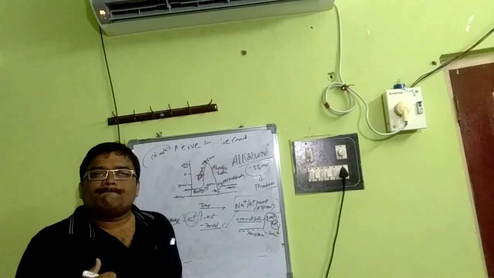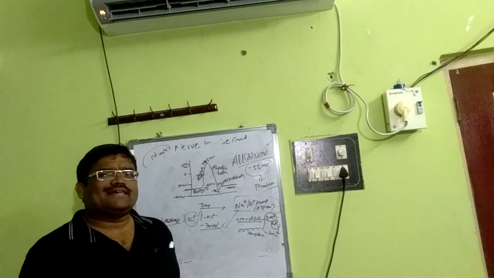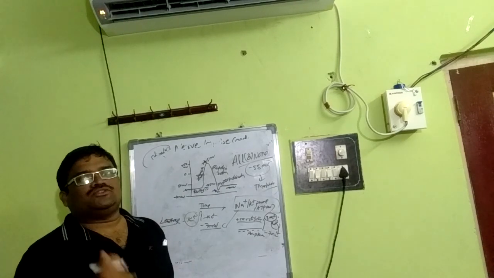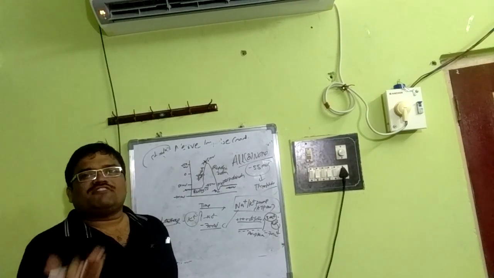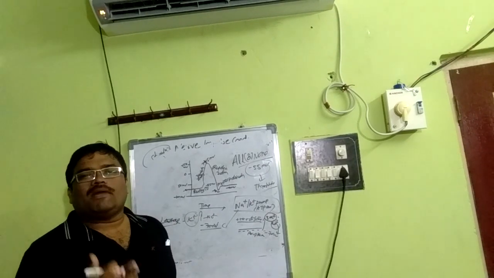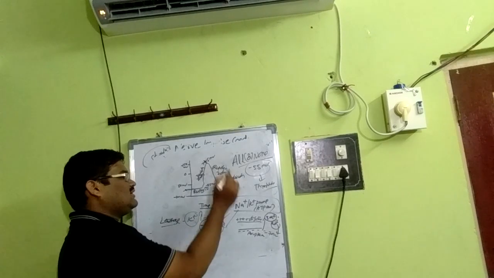The inference is that more positively charged ions have been removed from the exoplasm when compared to the negative. Since there is a dominance of negative charges, the membrane potential at minus 70 millivolts is getting restored.